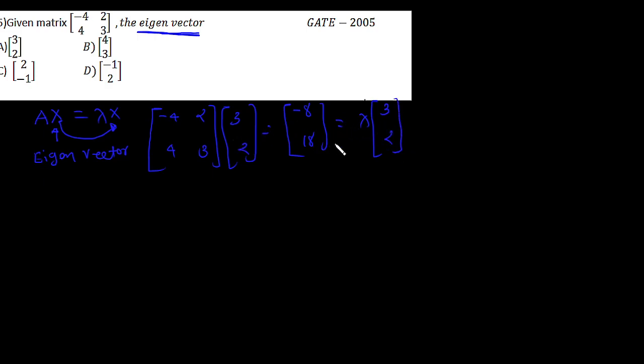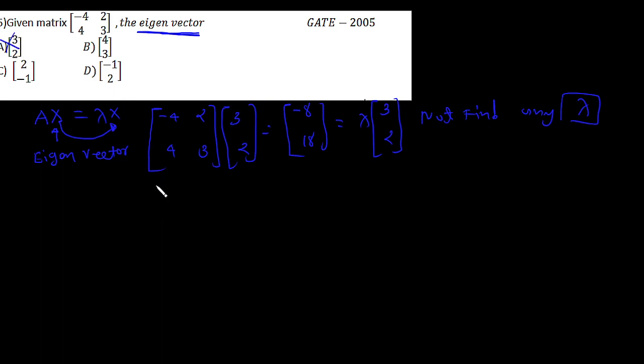So if you compare this element and this element, from that you can find the lambda, but from this second element and first element we get different lambdas, so we cannot find any such lambda. For that we could take it out and get the same vector. So option A is not correct.